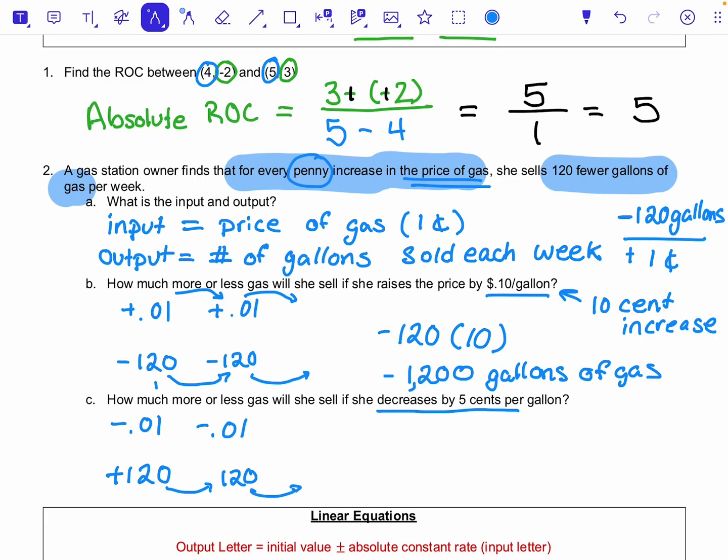Or I could think of it as, yes, my rate is negative 120, but we're decreasing by 5 instead of increasing by 5. So we end up with a positive value here, and it would be 600 gallons. So she would sell 600 additional gallons.